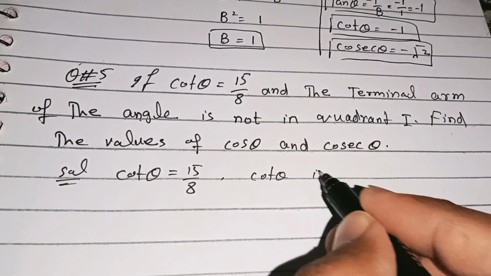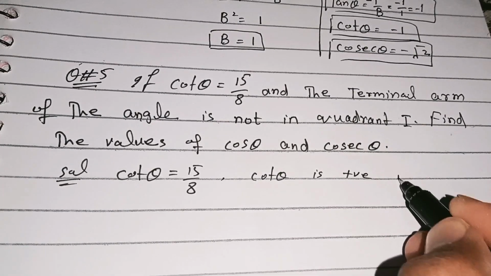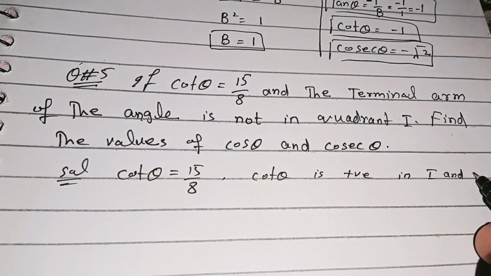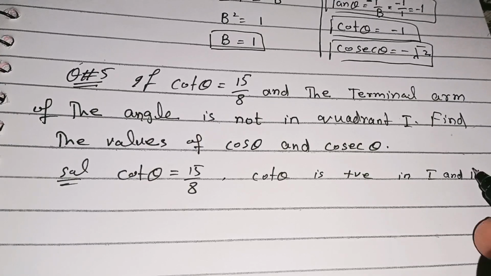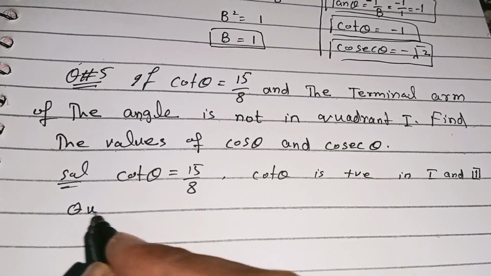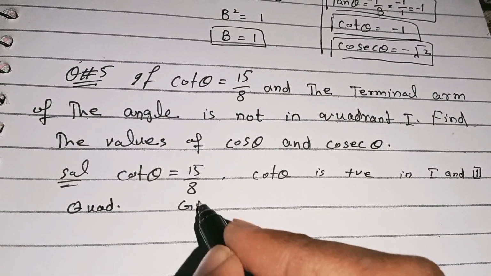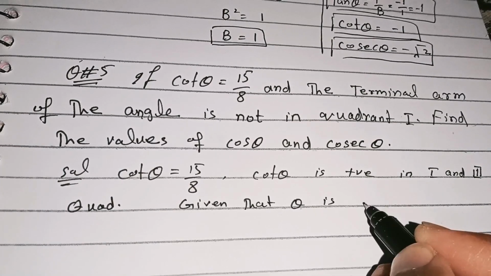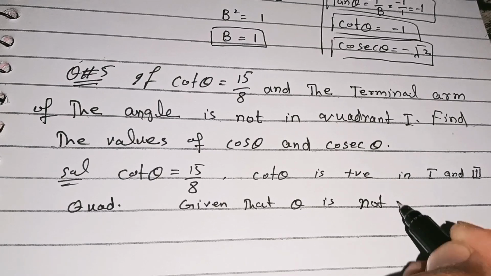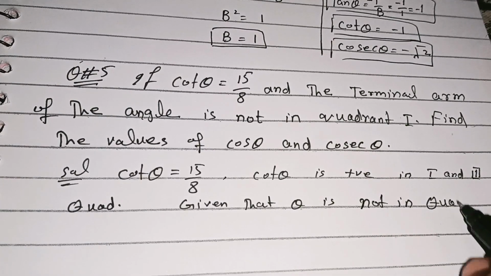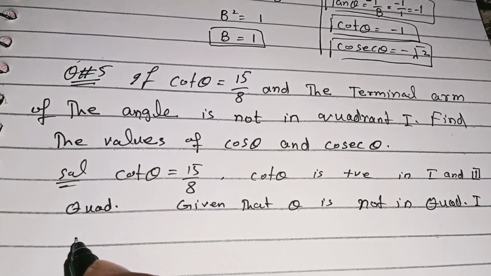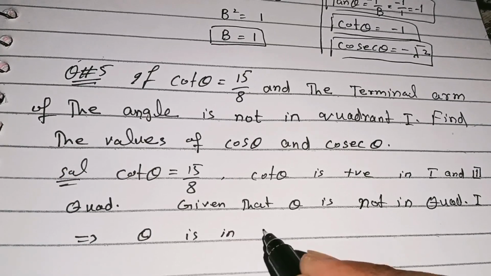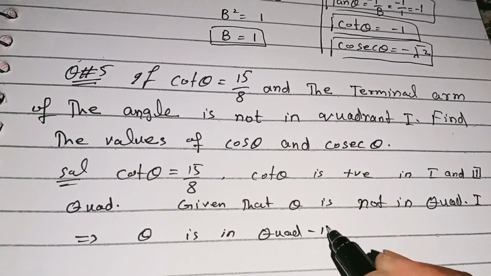We can write this statement: cot theta is positive in first and third quadrant. Given that theta is not in quadrant first, this implies that theta is in quadrant third.